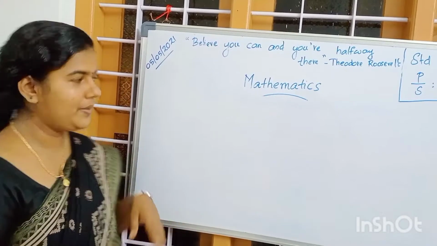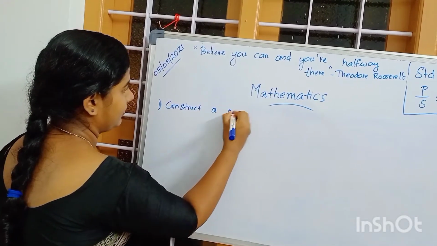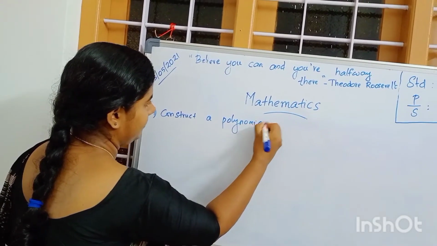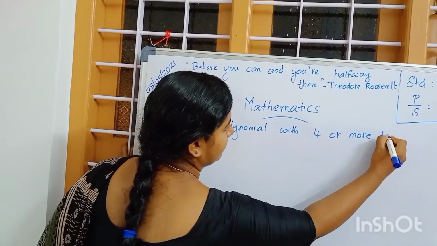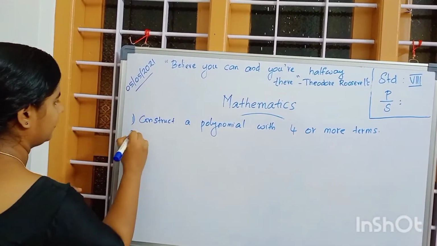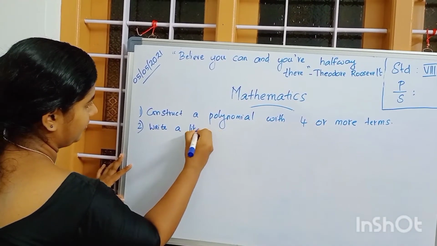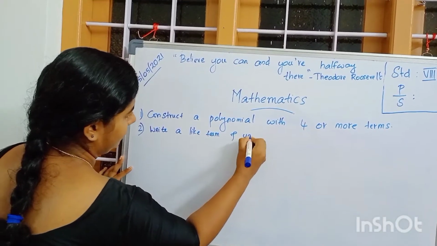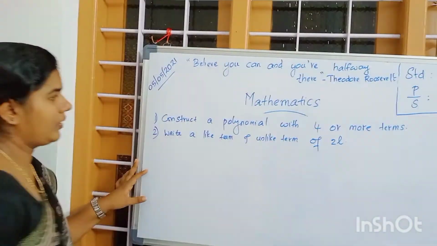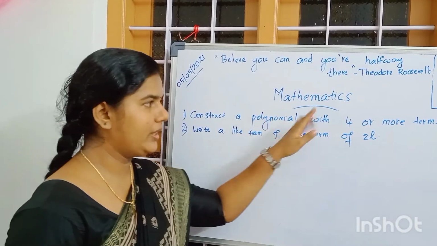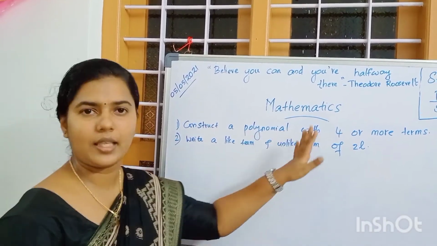Let's do two more problems. All of you write down the question. The question is, construct a polynomial with 4 or more terms, and the second question is, write a like term and unlike term of 12.